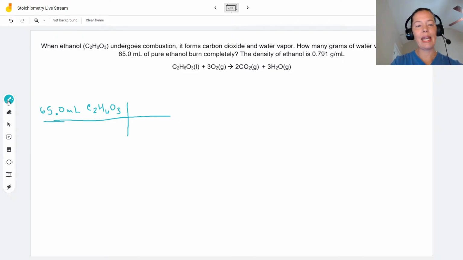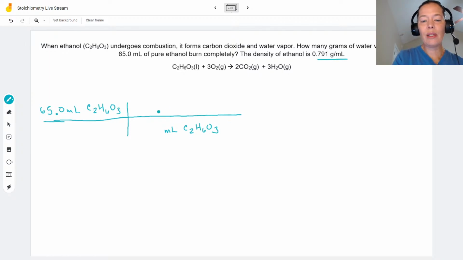Okay, so again, I've already written down what I was given, my 65 milliliters of ethanol. I am going to use my density to convert that into grams. Now, I want to be careful that I put the density in the right way, so I'm going to put my units in first. I want my milliliters of ethanol to cancel, so those need to go in the denominator.